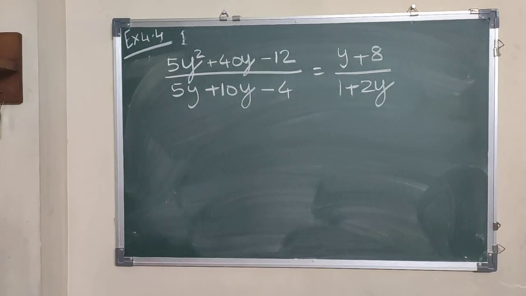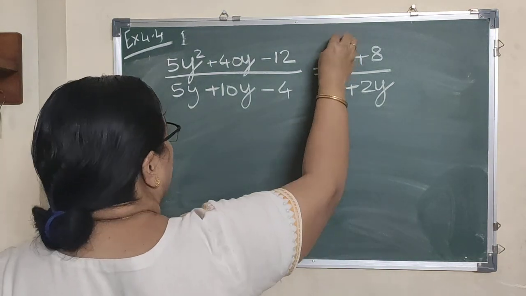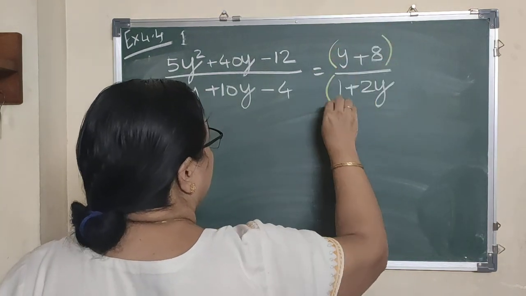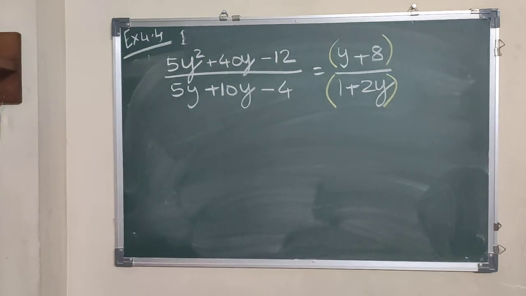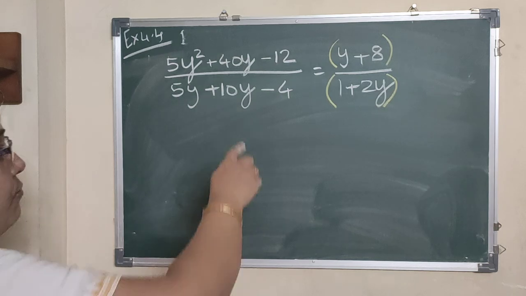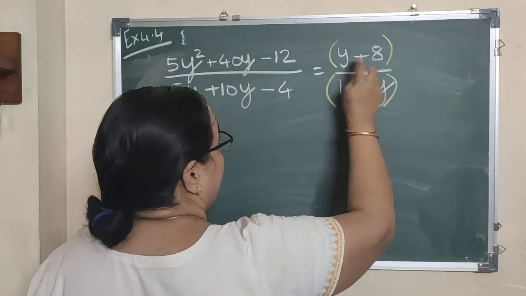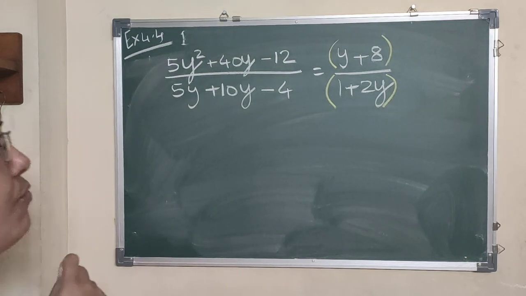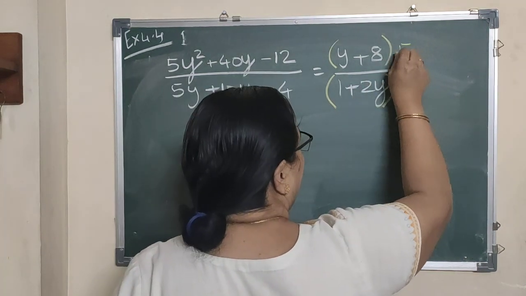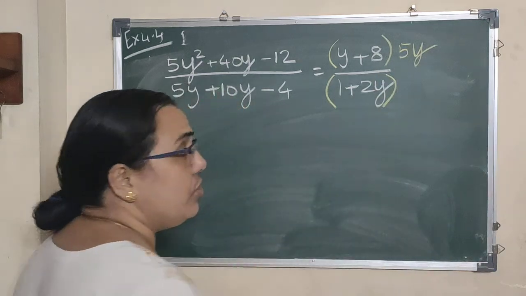So here the hint is for you. Same way, what is the term we will multiply in the second ratio, right? Here we have y plus 8. If I multiply by 40, I won't get a 12, right? So I have to multiply by 5y. So 5y if I multiply, that is a hint for you.